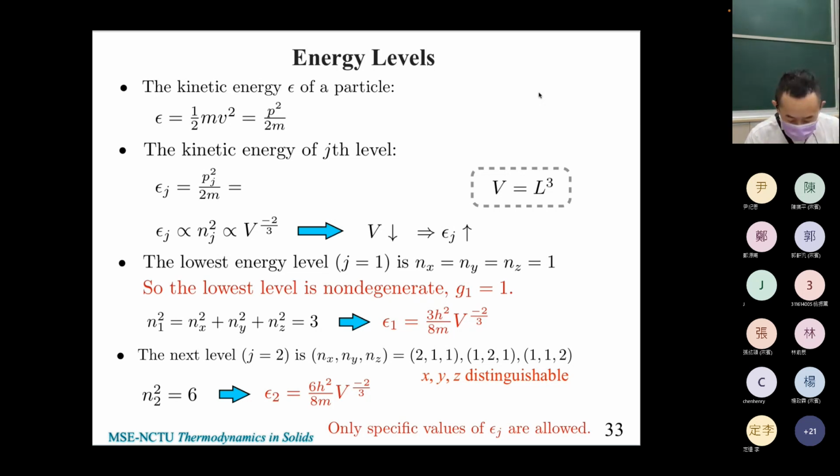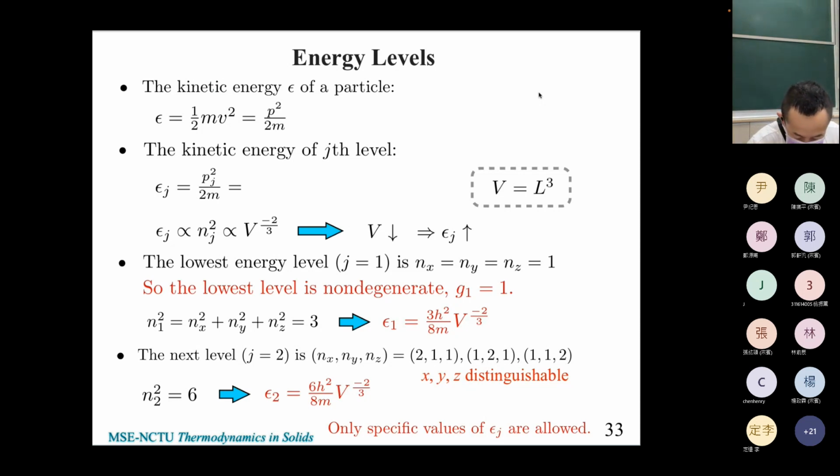Now we talk about the energy level. Momentum can of course be related to the energy. Energy is half mv squared, which is equal to p squared over 2m, because p is equal to mv.